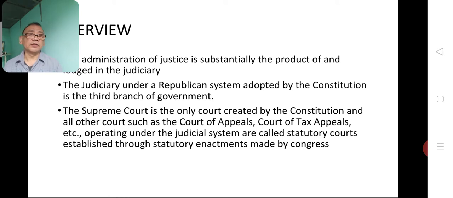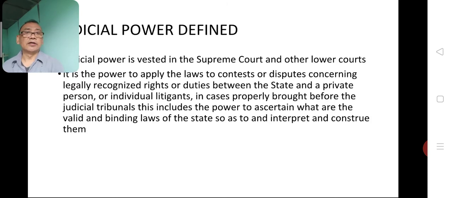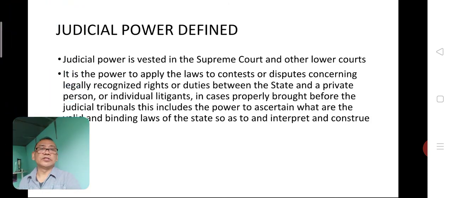Now, the Supreme Court is the only court created by the Constitution, and all other courts, such as the Court of Appeals, Court of Tax Appeals, etc., operating under the judicial system, are called statutory courts, established through statutory enactments made by Congress. Now, the judicial power is vested in the Supreme Court and other lower courts.